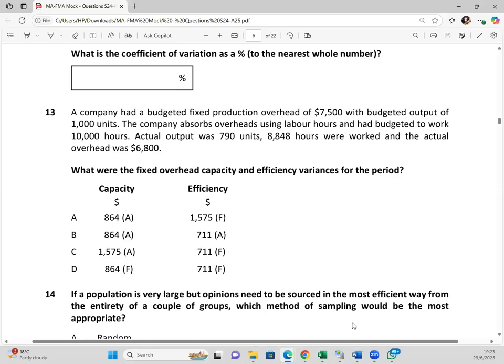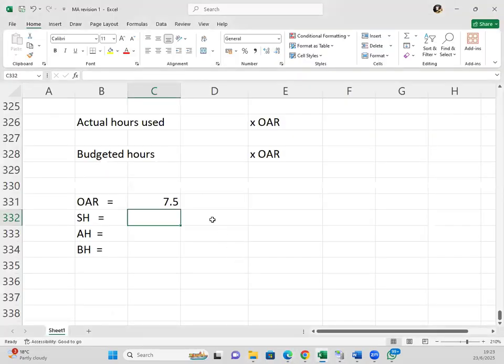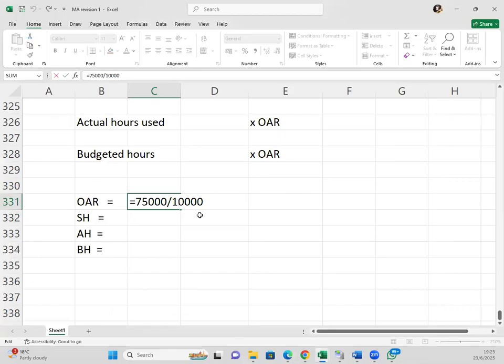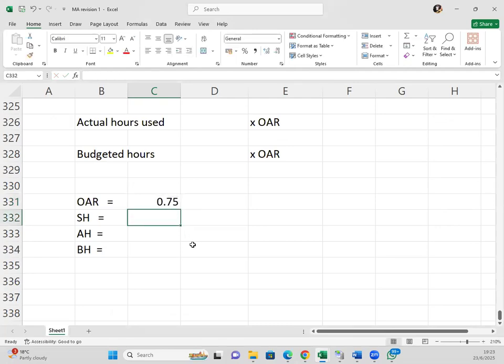I think I did something wrong because 7,000 is smaller than 10,000. How did I get 7.5? So this one is 7,500, not 75,000. The standard hours, for the units we produced, take note, how many hours did we plan to use?